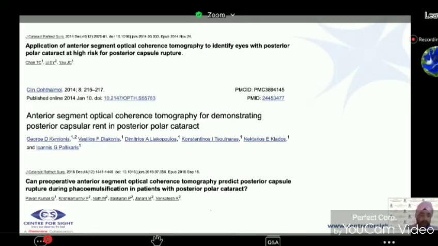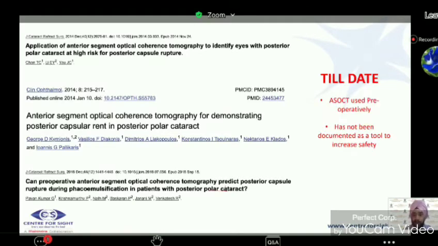Pre-operative OCT, or optical coherence tomography, is also being used by a lot of other people. So all that I'm trying to tell you is that if you have a good OCT and even an IOL Master 700, you can actually attempt to see whether there is a pre-existing rent or not.